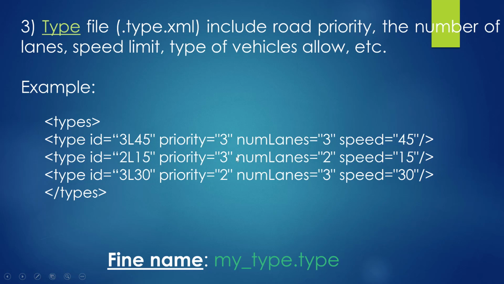That same priority with 2L15, and the 3L30 will have the lowest priority. This is just one example. Let's copy this and paste it into text editor, Notepad++, and save it as mytyp.typ.xml.